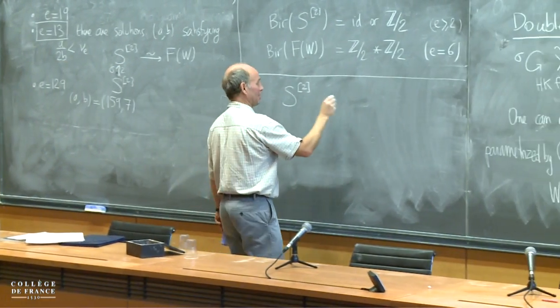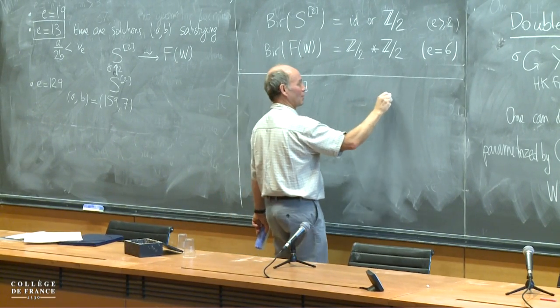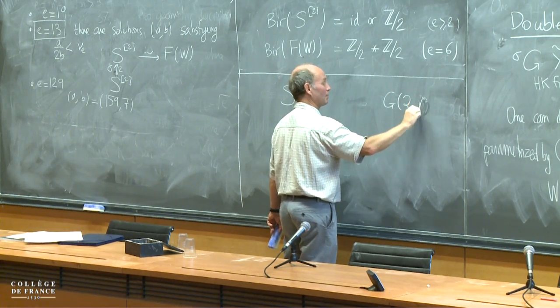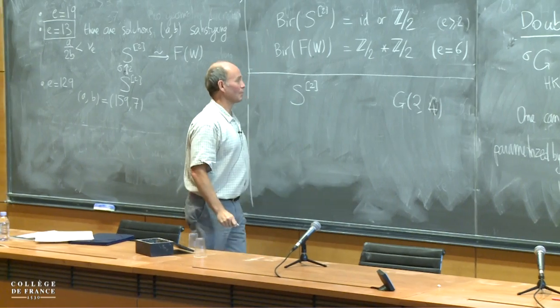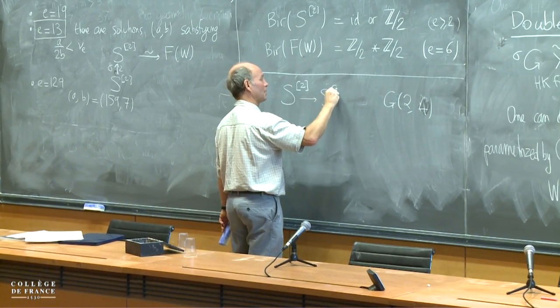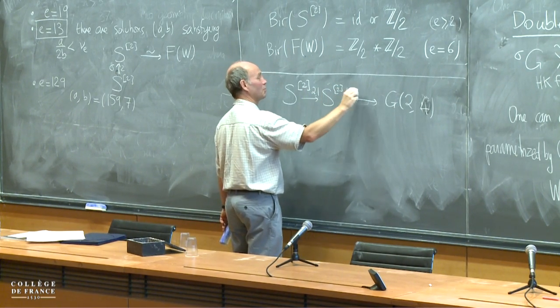And then I said that there's a map from this square to the Grassmannian of lines in P3. And so, of course, it factors through the quotient by the involution. So this is 2 to 1, this is 3 to 1.